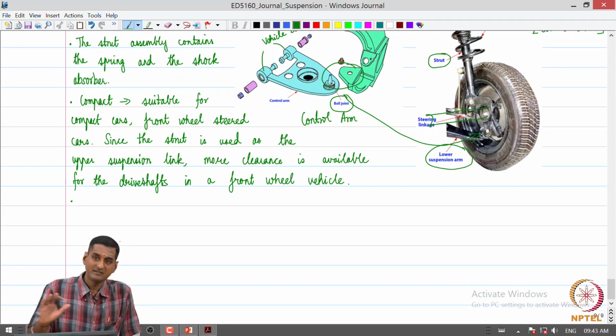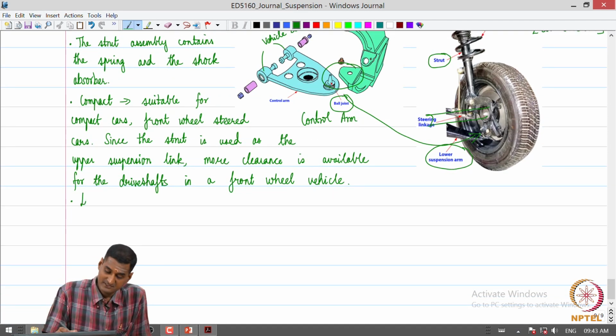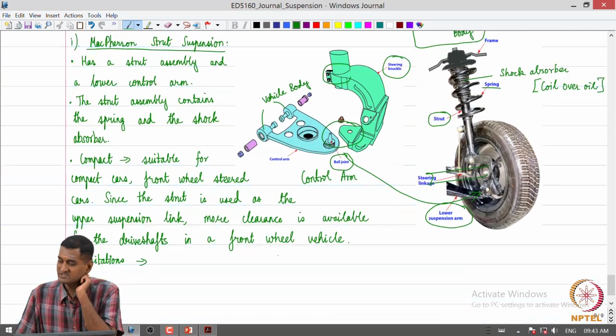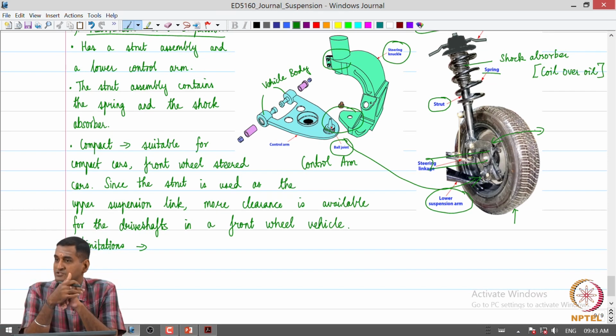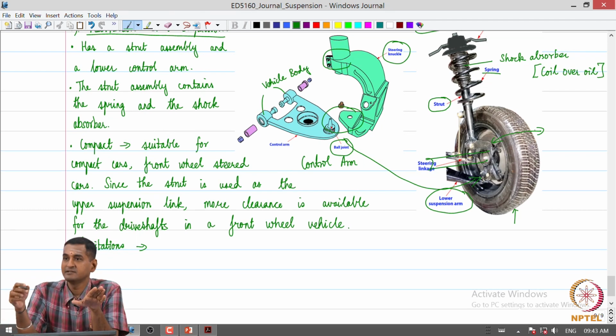So, popular in compact cars, but what are the limitations? Main thing is that suppose this wheel hits a bump, and when we corner this is going to rotate. So, what is going to happen is that the camber of the wheel is going to change.